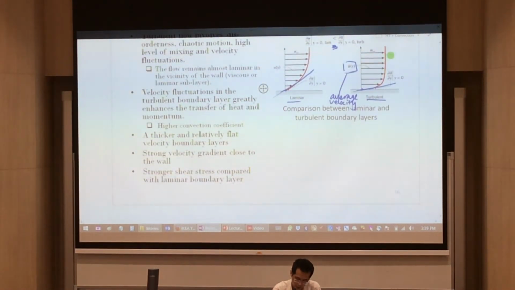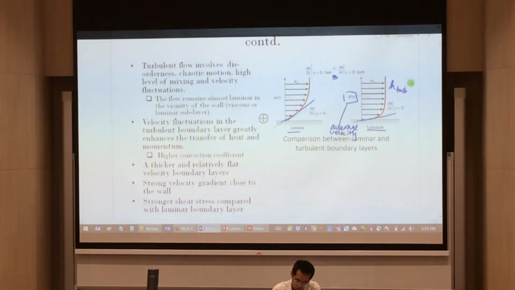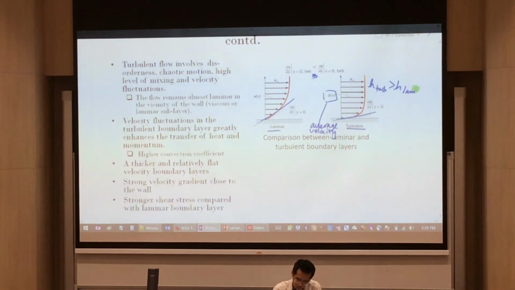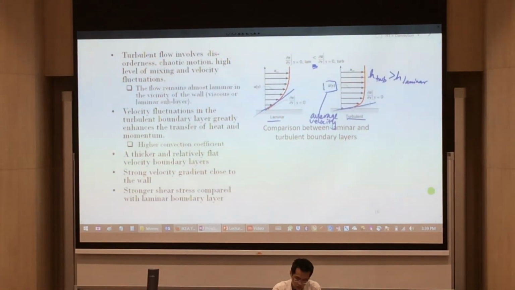So if you compare the h value for turbulent, it will be larger than the h value for laminar flow. That means your convection heat transfer coefficient is larger, and that's why it encourages heat to flow out a lot more easily or better.